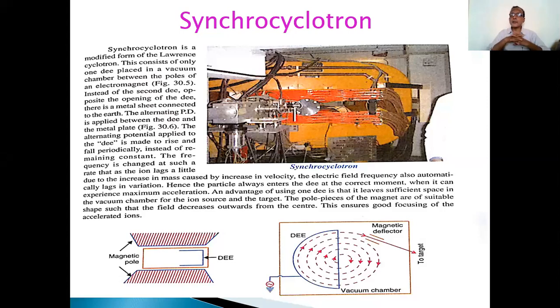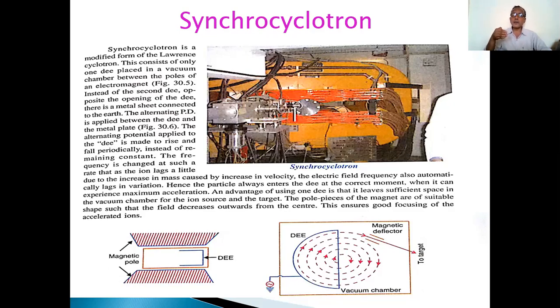This strong electromagnet provides the necessary magnetic field to the charged particle, so that under the action of this magnetic field, the charged particle moves in a circular path. Instead of the second D, opposite the opening of the D, there is a metal sheet connected to the earth.